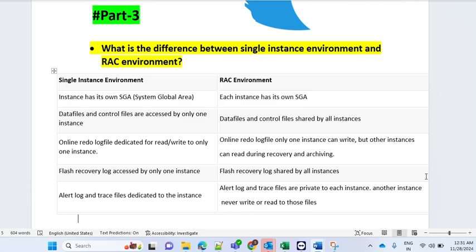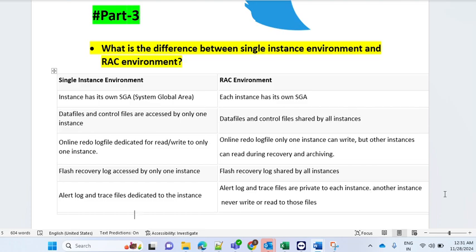The next is flash recovery log, accessed by only one instance, and in a RAC environment the flash recovery log is shared by all instances. Next, alert log and trace files are dedicated to the instance, and in a RAC environment the alert log and trace files are private to each instance. Other instances never write or read those files.